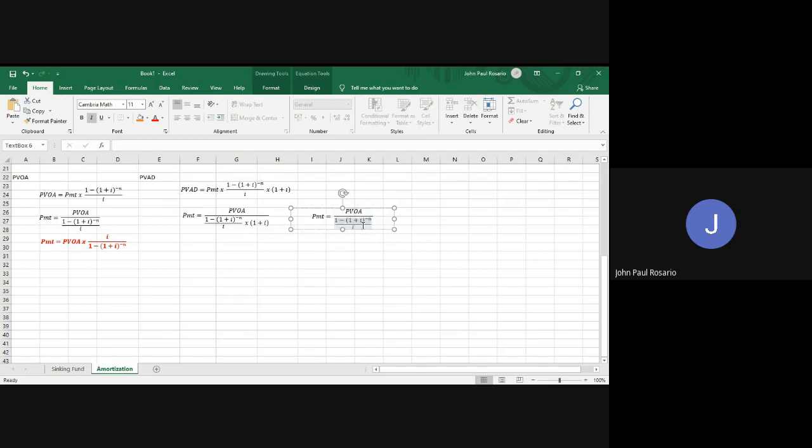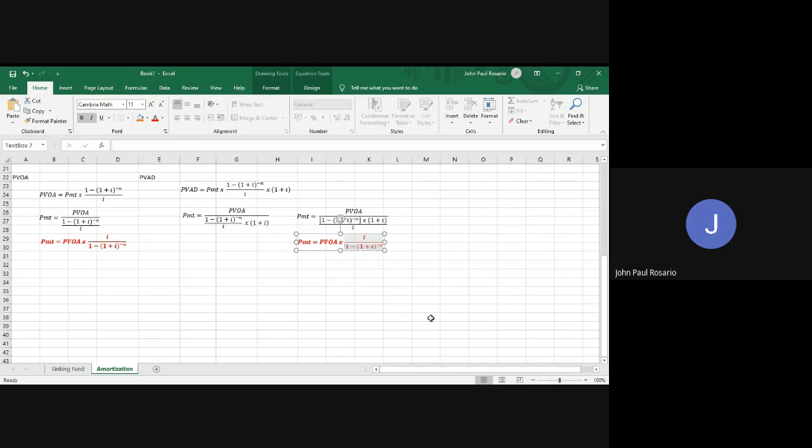We have to add a bracket here. From this expression, we can then do what we did here, wherein we inverted the denominator. So we just copy this one and paste it here, to recall how we inverted it.